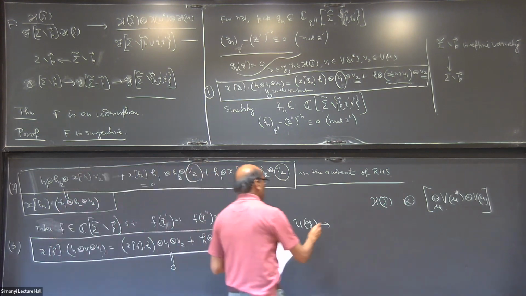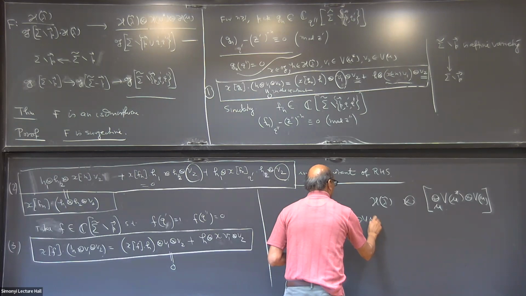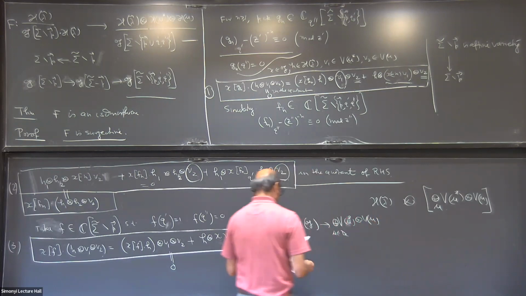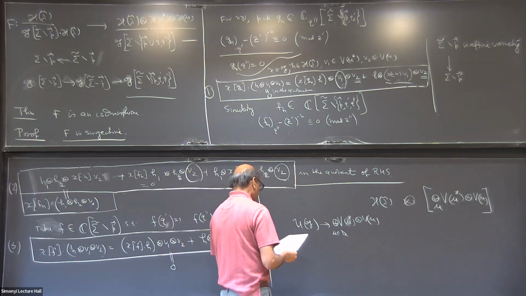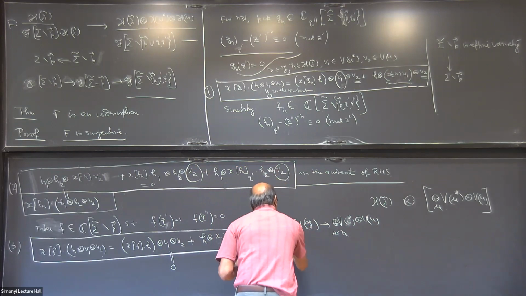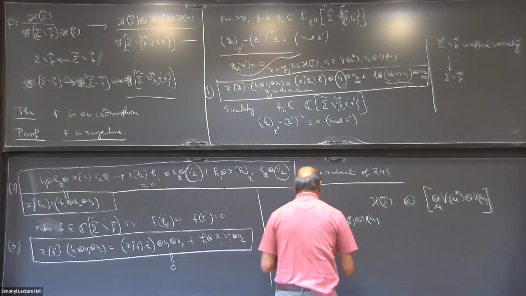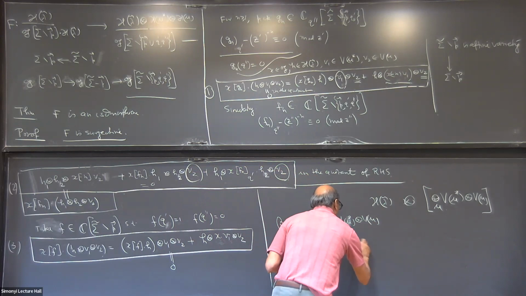So now I'm going to define a map, mu star. Let's call this map beta, and beta of A is nothing but A acting on I mu in DC.